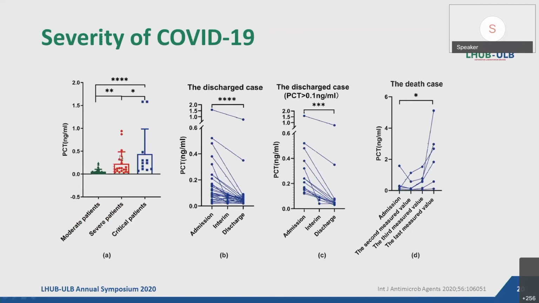And indeed, in critical patients, higher PCT values are clearly detected than in patients with mild forms, and also in patients that will die or that died later, higher levels of PCT have been observed.